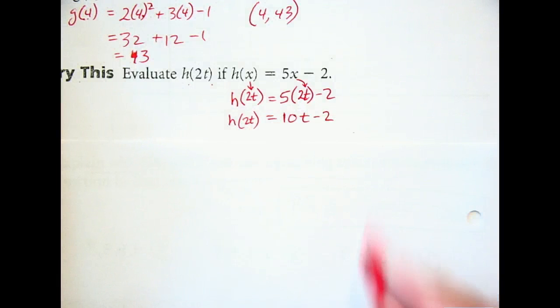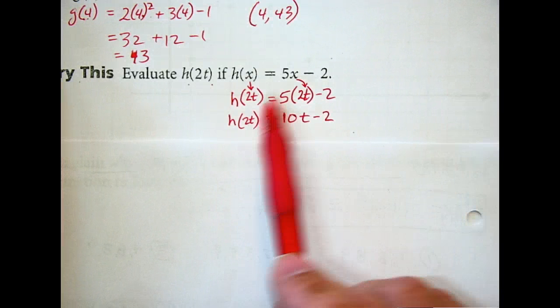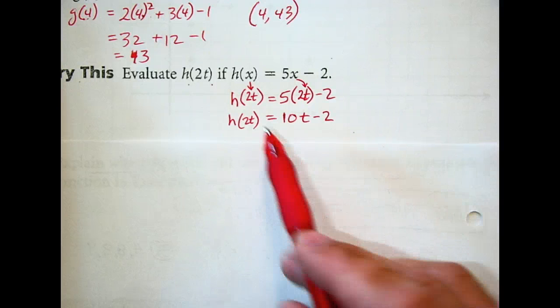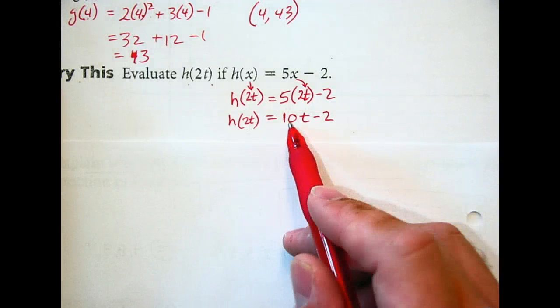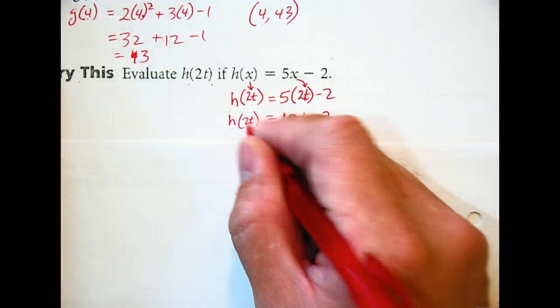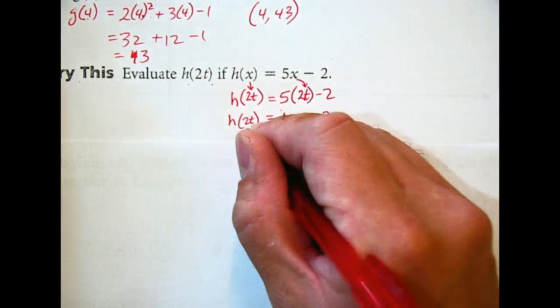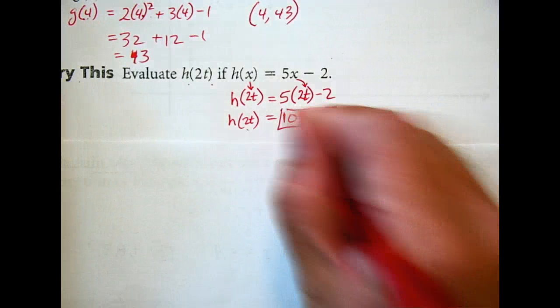Now, that's not giving you a really nice ordered pair, right? I mean, you have a variable in there. So when x is 2t, y is 10t minus 2. Okay? But that's okay. What we have here is we've evaluated this function for 2t. It's 10t minus 2.